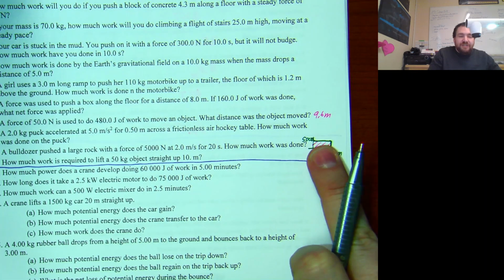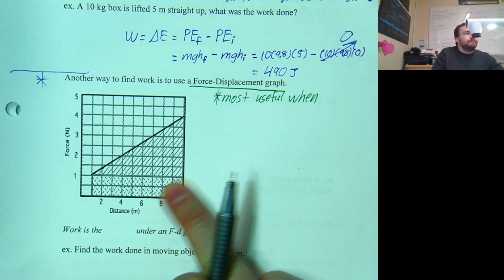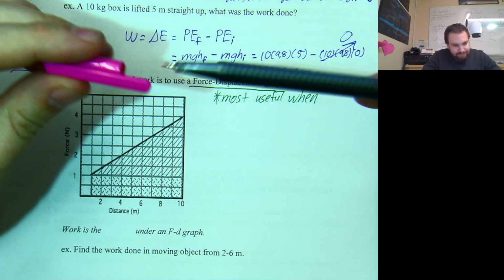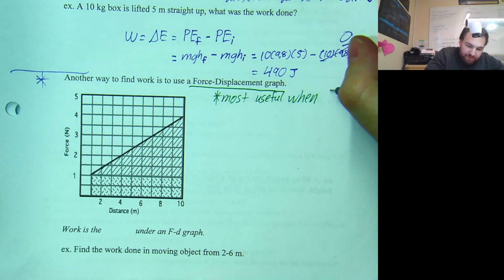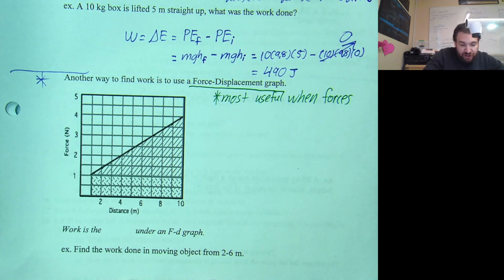How is this question different than this question? We don't necessarily have an acceleration. We have a changing force. That is the important piece here. I'm not going to say increase, I'm going to say change, in a constant way.